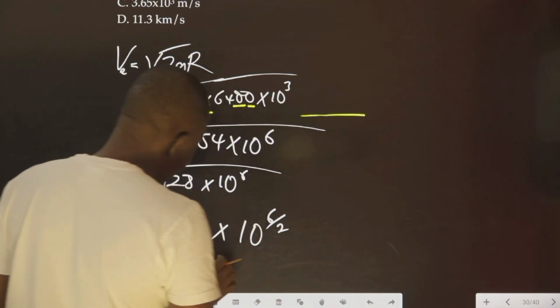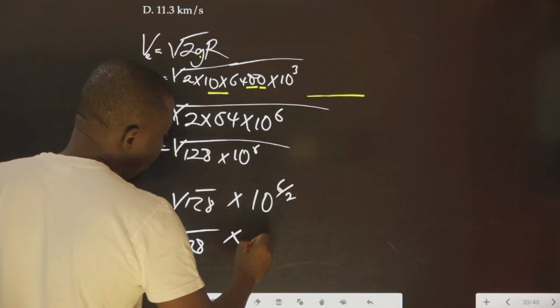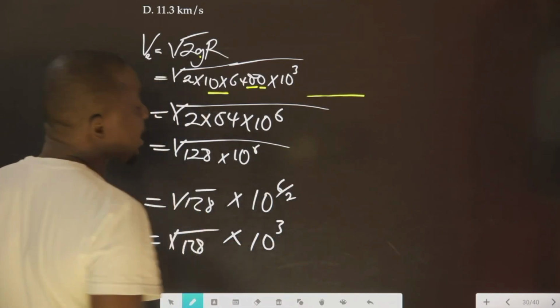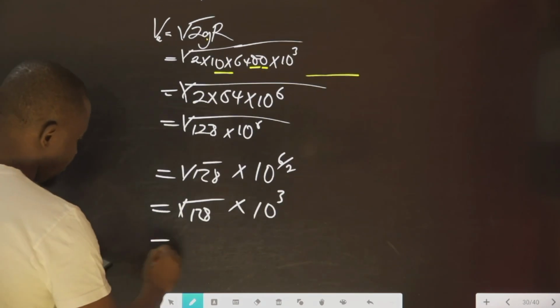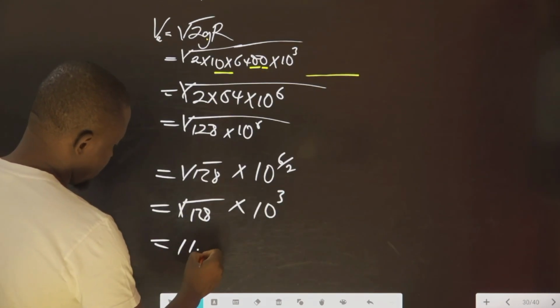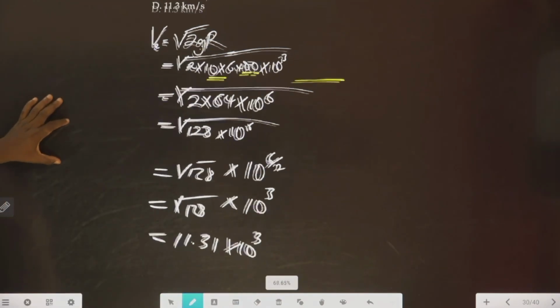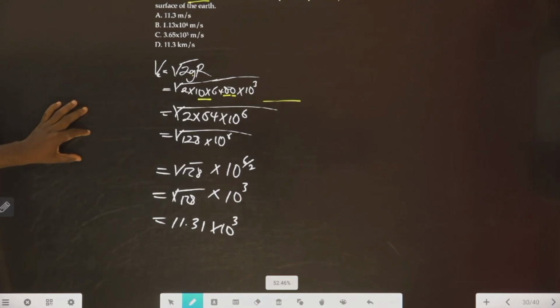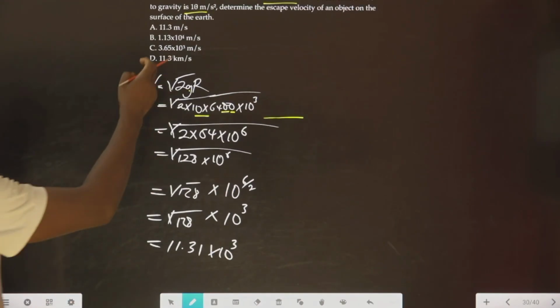It means, therefore, here now we're going to get the square root of 128 multiplied by 10 to the power 3. So now, the square root of 128 is 11.31 multiplied by this. If you check the answer now, you find that the only correct answer here is this.